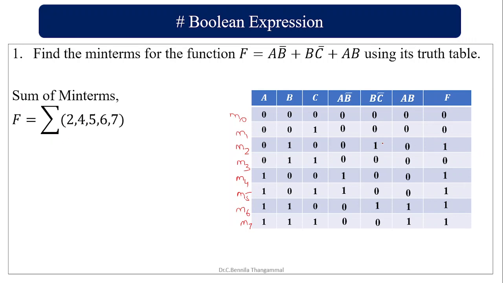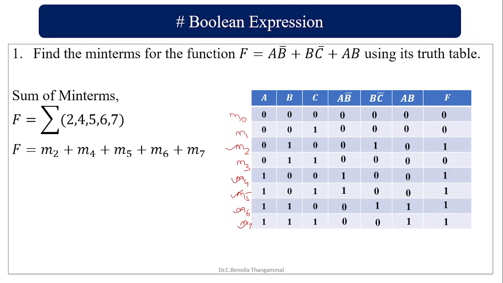In this one, wherever the value is 1, it's going to be 2, then 4, 5, 6 and 7. So I'll be writing it as summation of 2, 4, 5, 6, 7. Or I can represent it in another way, that is m2 plus m4 plus m5 plus m6 plus m7.